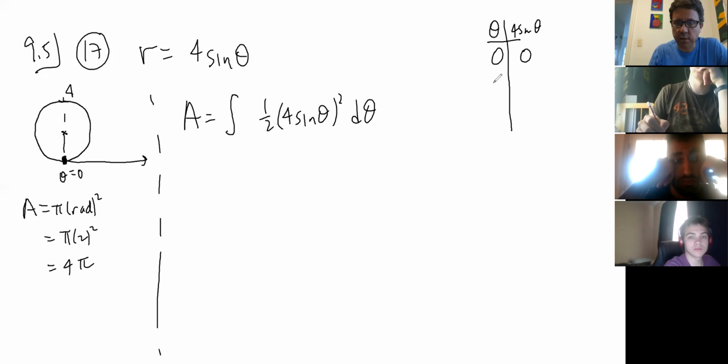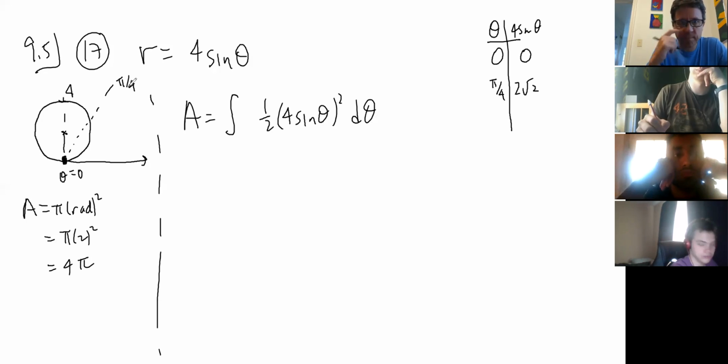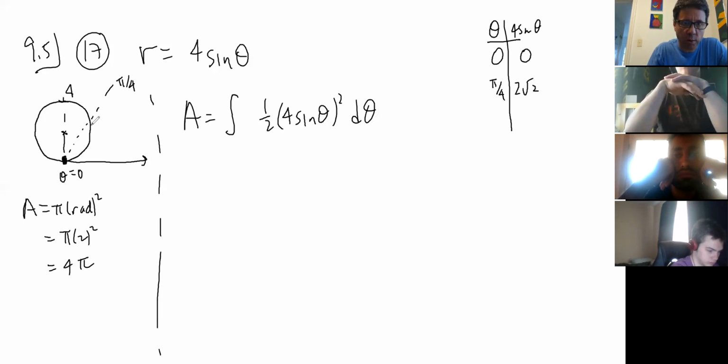When theta is, say, pi over 4, just for kicks, substitute that in. Sine is square root 2 over 2, so I'll have 4 square root 2 over 2, which is 2 square root 2. So I go 45 degrees and go 2 square root 2 units out.